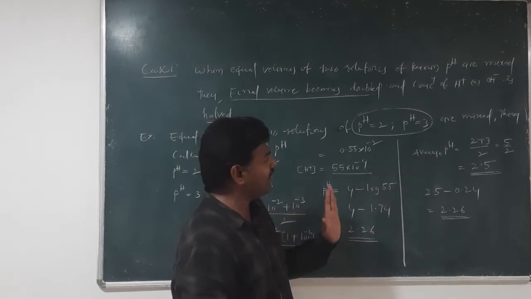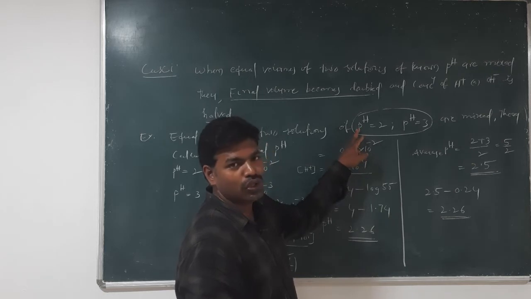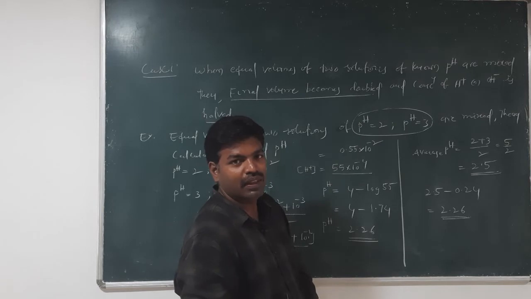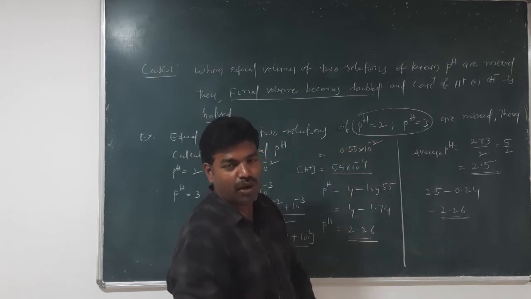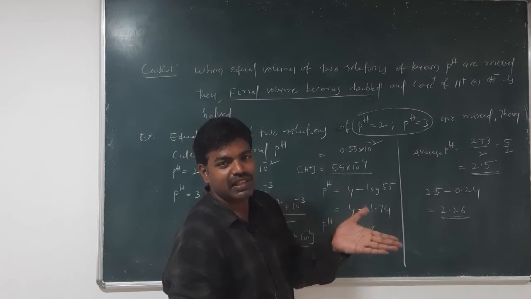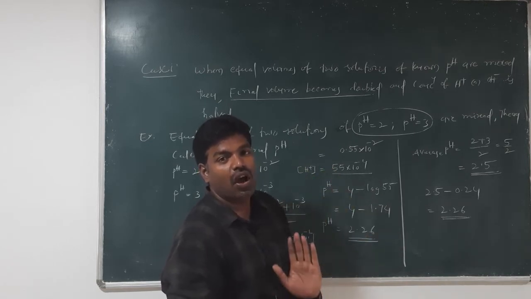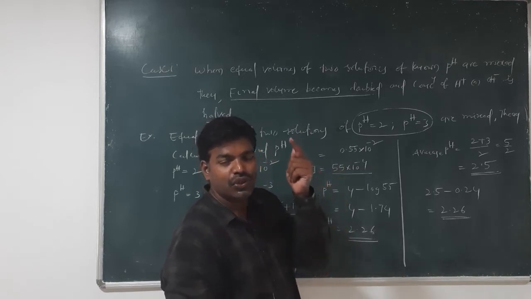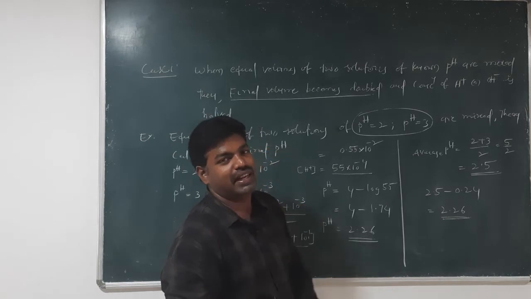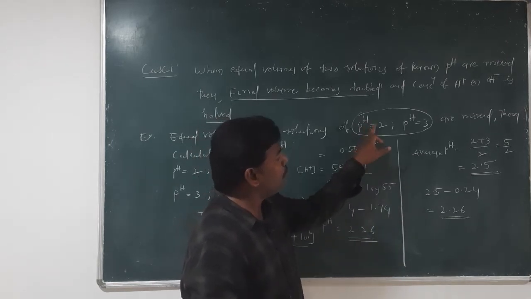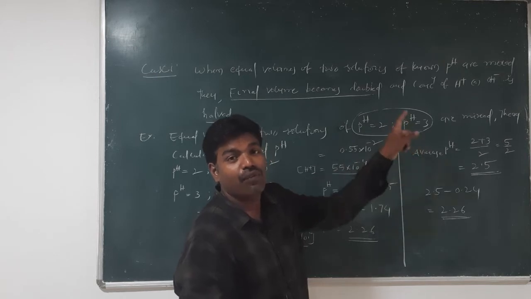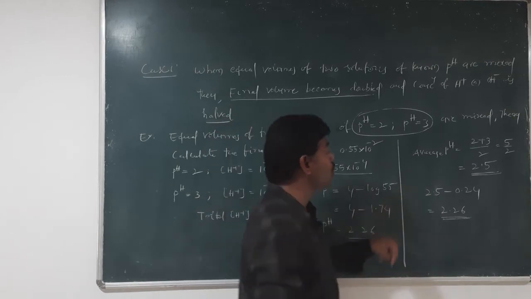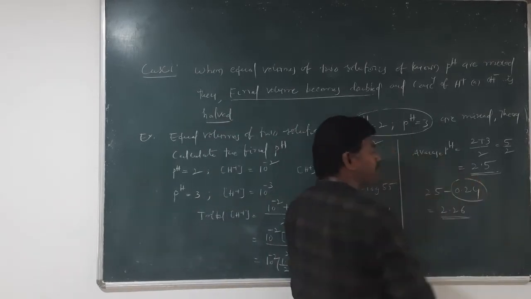So here, when equal volumes of two solutions of known pH 2 and 3 are mixed, the final volume is doubled and the concentration of H plus or OH minus ion is halved. One more thing to keep in mind is that if the two given pHs differ by 1 unit, then take the average and subtract 0.24 from that average pH.